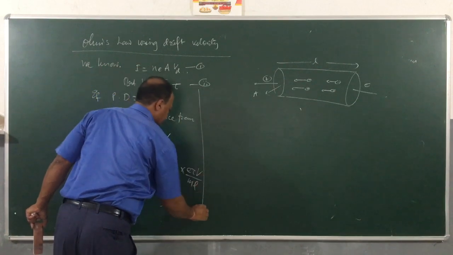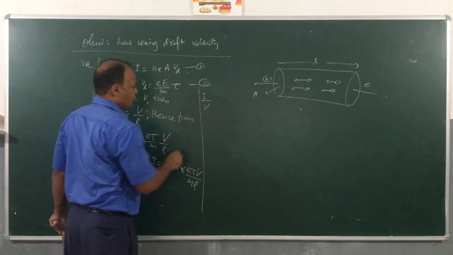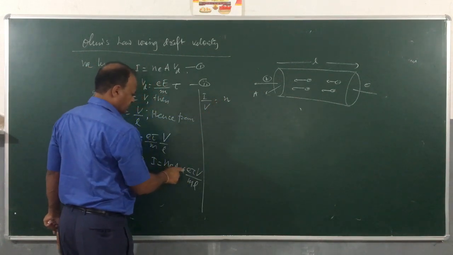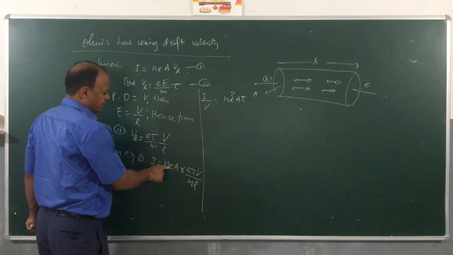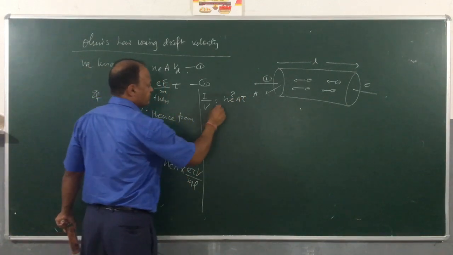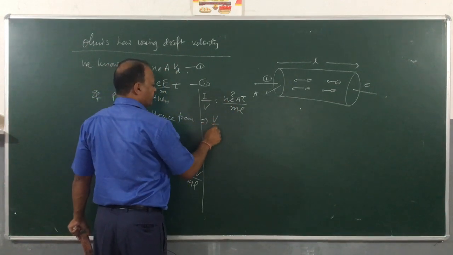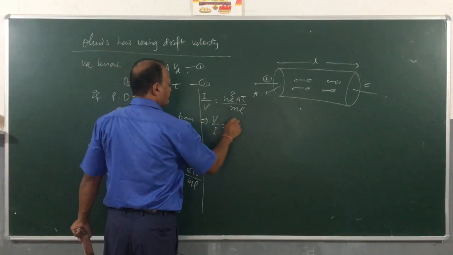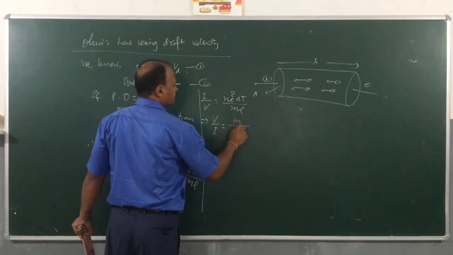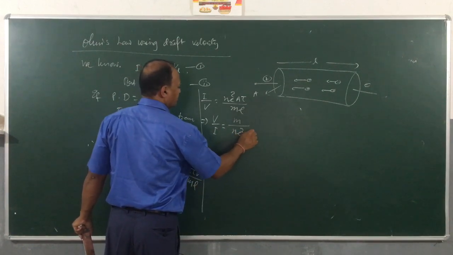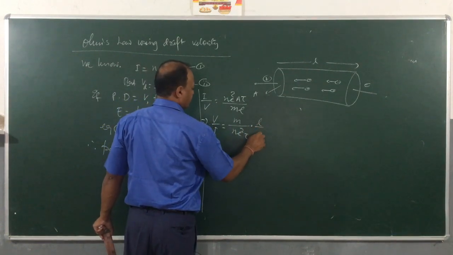So I can say like this, I by V, I will just rearrange this, I by V is equal to n E square A into tau by m into L, and if I take its reciprocal, then V by I will be equal to m divided by n E square A tau into L by A.